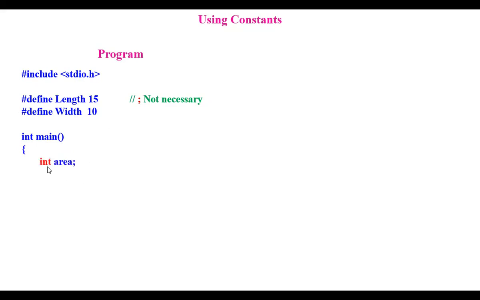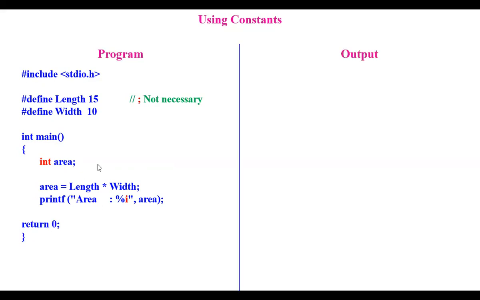Now, integer area. I have declared area as an integer because I have taken length and width as integer values. I want to display it. Calculate area using length into width. Display. I'm using the integer format here because I have declared it as integer. And return. Now execute the program.